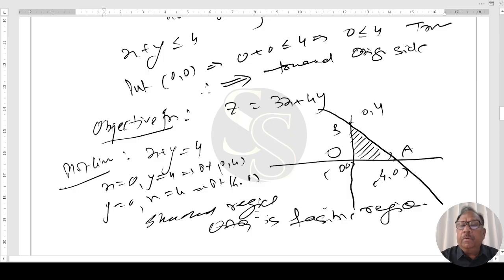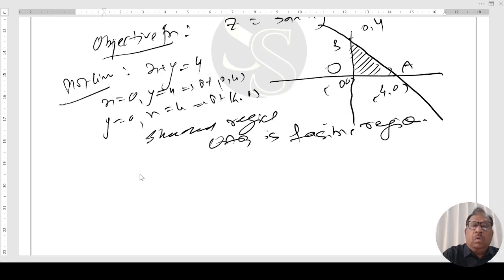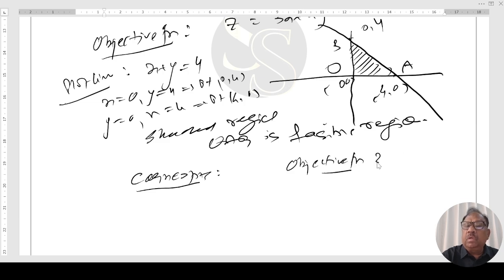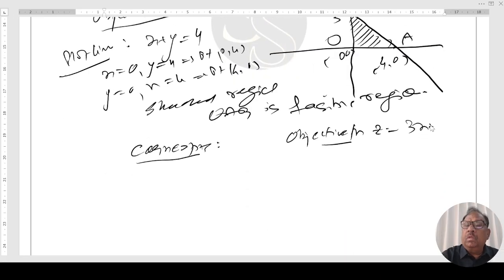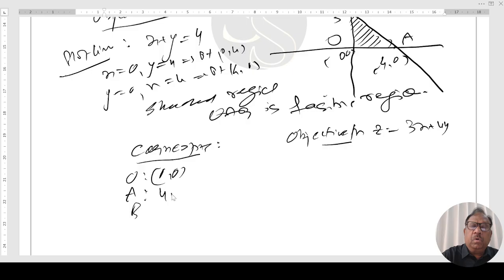Now the corner points and the objective function values. The objective function is z equal to 3x plus 4y. OAB: O is the origin 0, 0, A is 4, 0, B is 0, 4.